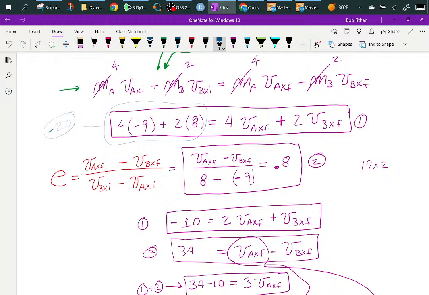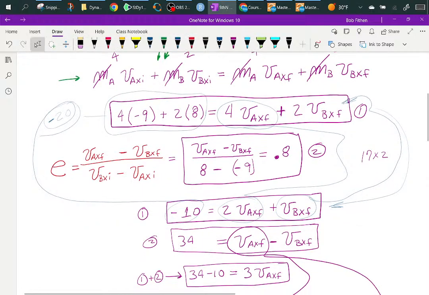Then if I carry equation 1 down, and I take a 2 off of everything, I get a 10 here, which is 20 divided by 2. I get the 2 here, which is that divided by 2, and I get this, which will be that divided by 2. Now, okay, let me verify this.